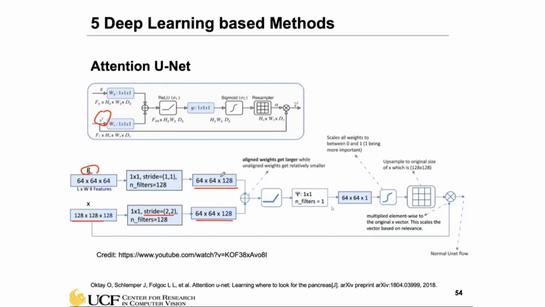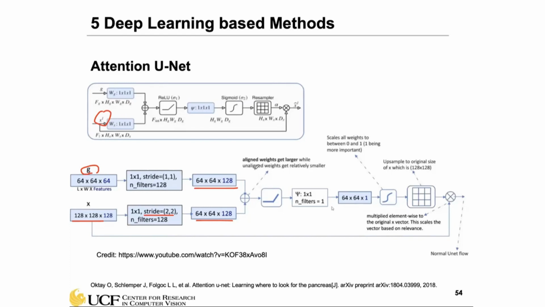This is not concatenation, this is addition, which means we add the value at each position. So essentially we still end up with a 64 by 64 by 128 feature map. But the idea is that the aligned weights, the values in this feature map, will get larger, and unaligned weights will get relatively smaller.